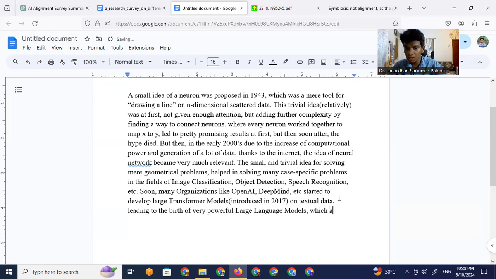which have the ability to generalize, to solve general problems.